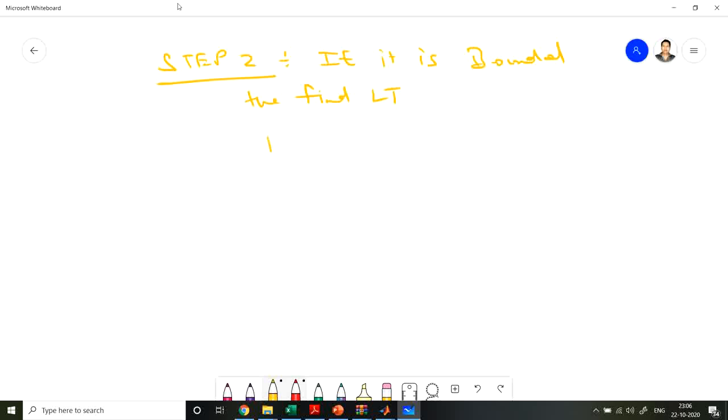So I(s) is given as 2 divided by s(s plus 1).